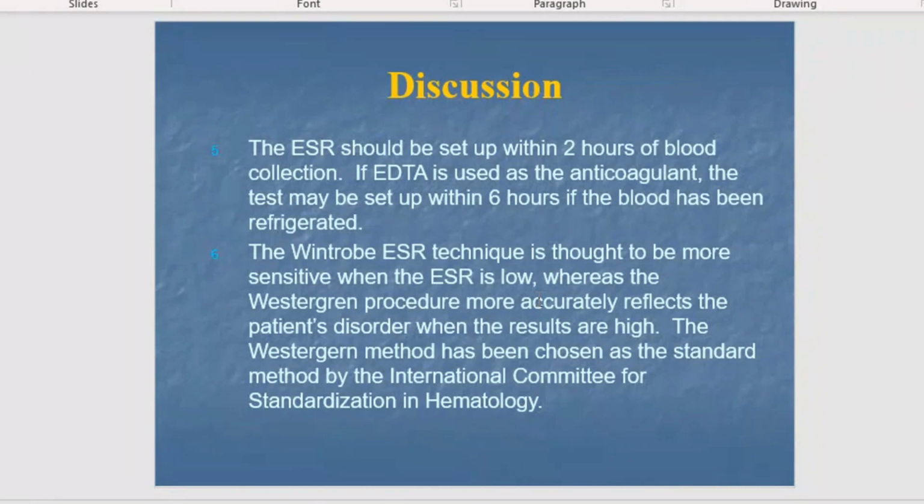So within 6 hours we have to do this experiment when we use EDTA. The Weintraub ESR technique is thought to be more sensitive when the ESR is low, whereas the Westergren procedure may more accurately reflect the patient's disorder when the results are high. The Westergren method has also been chosen as the standard method by the International Committee for Standardization in Hematology.